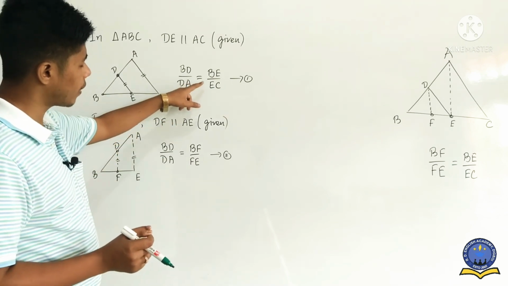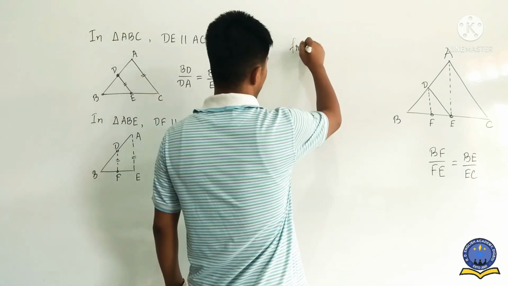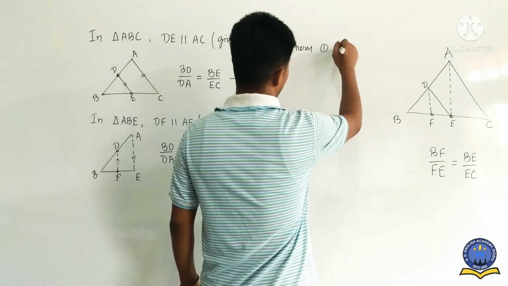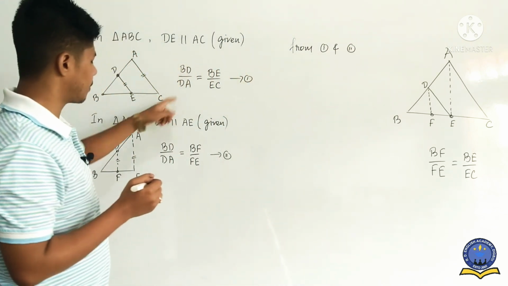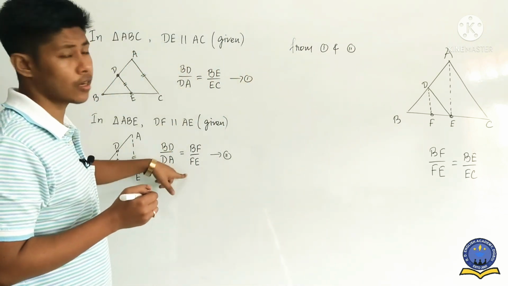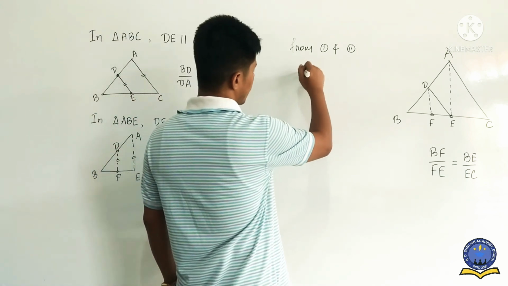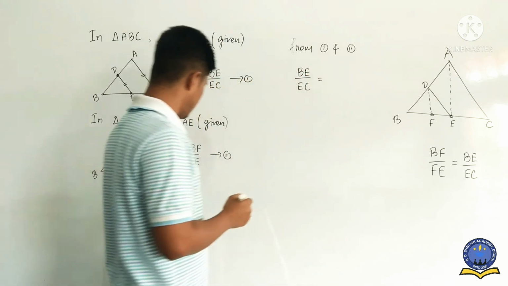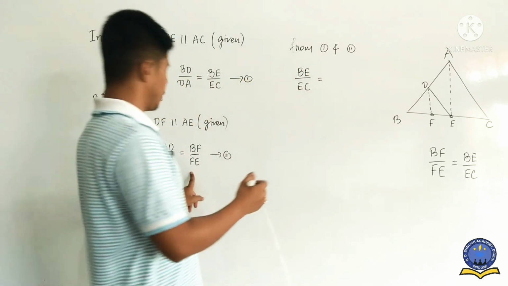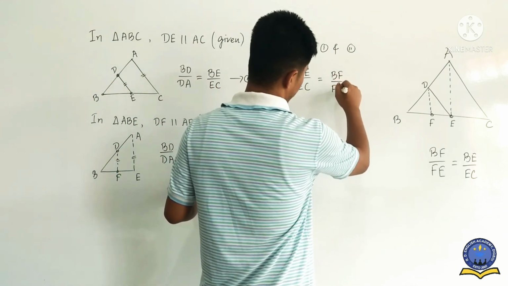So if we compare equation 1 and equation 2, we have to write from 1 and 2: if the left hand sides are equal, that means the right hand sides are also equal. So that means what you have to write here? You have to write BE by EC is equal to BF by FE. So this one we have to write BF by FE.